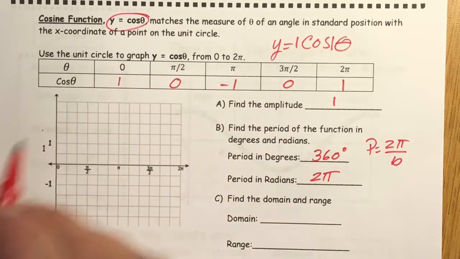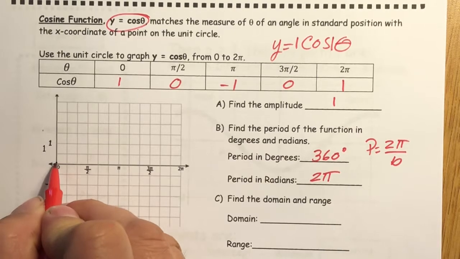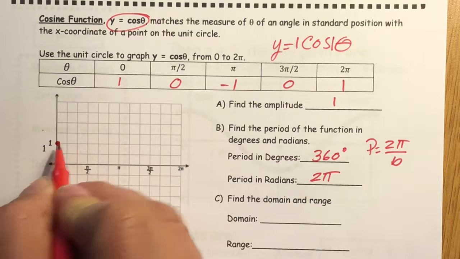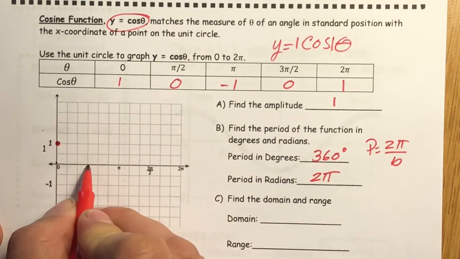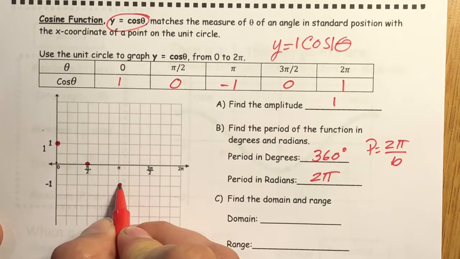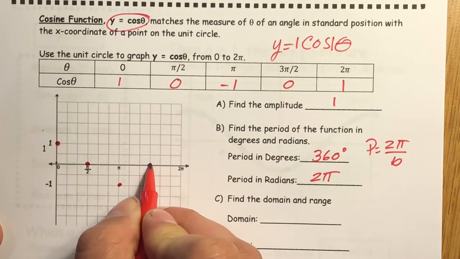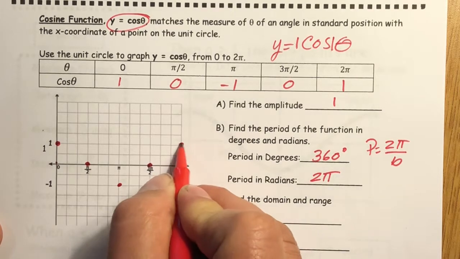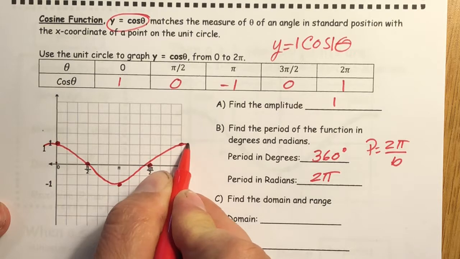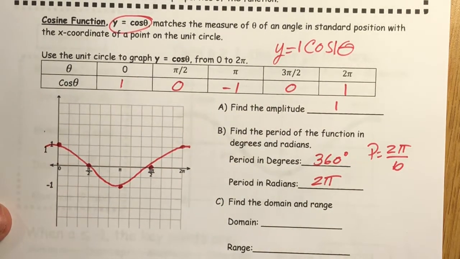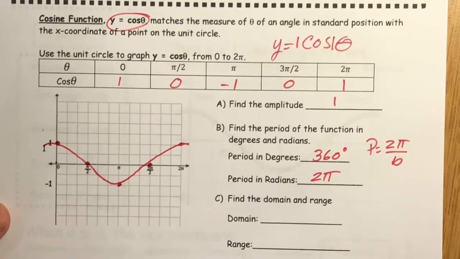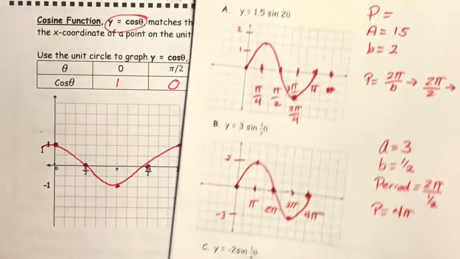The domain for this, well, before we do that, let's go ahead and graph this. Remember with the sine function, we started at 0, 0. In this case, we're starting up at 1. At 0, 1; at pi over 2, we have 0; at pi, we have -1; at 3 over 2 pi, we have 0; and at 2 pi, we have 1. So our cosine function looks like that. Now notice the difference between the cosine and the sine function.